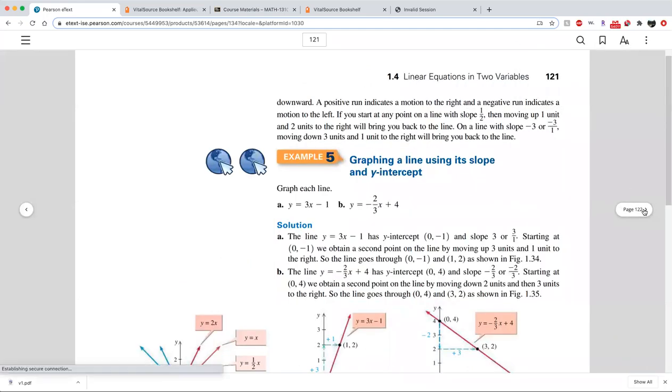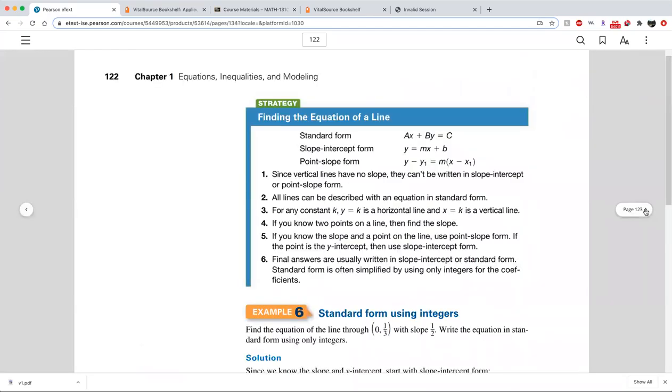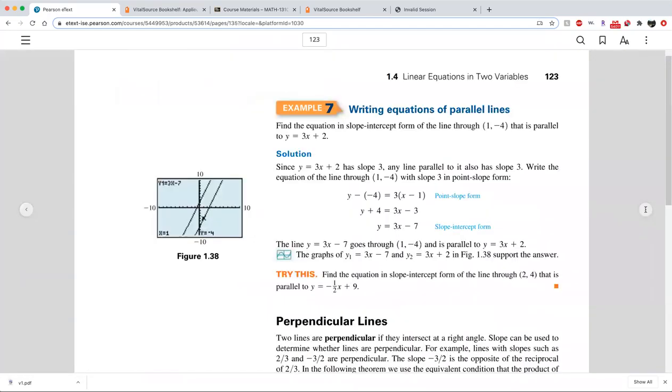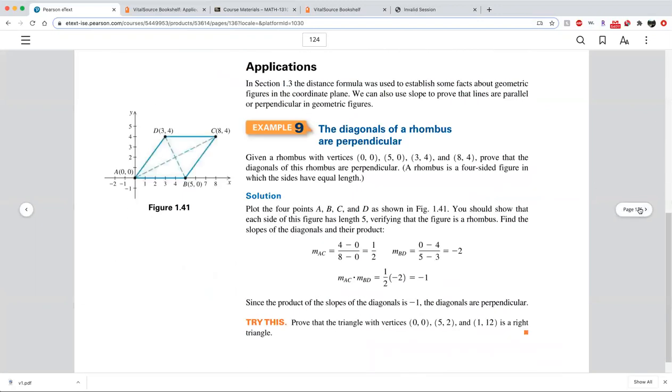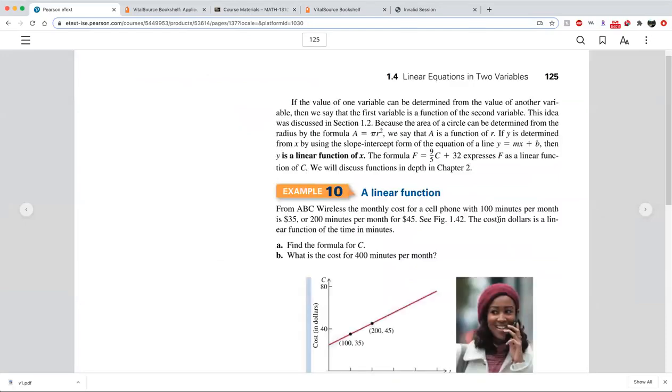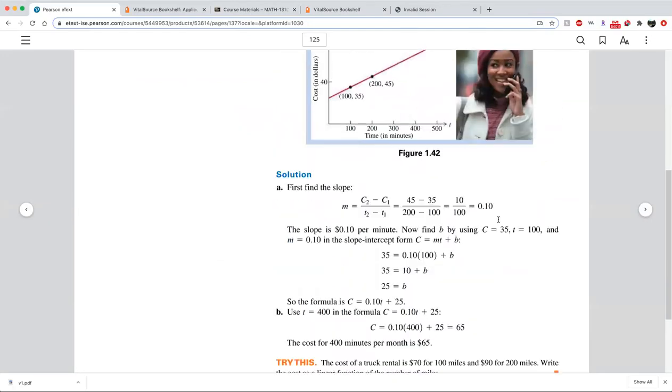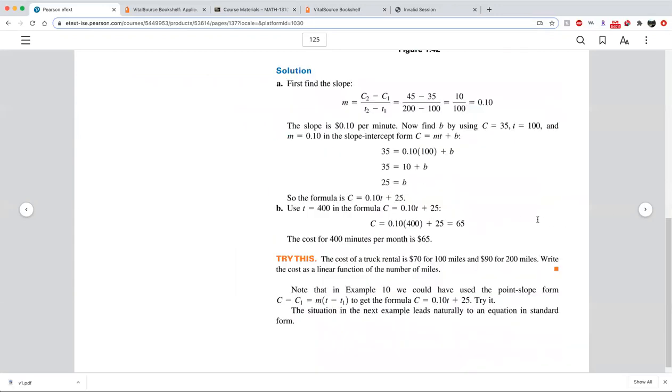I recommend you look at the examples in the textbook. This is really helpful. It helps you a lot. And then there is a solution. I'm pretty sure you can understand that. So let's see example 10 and I think 11.